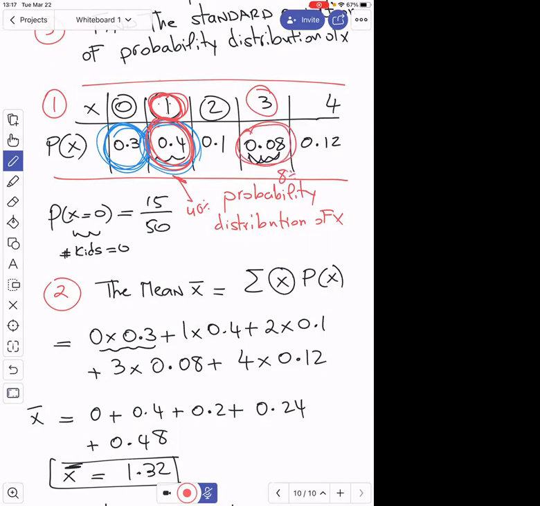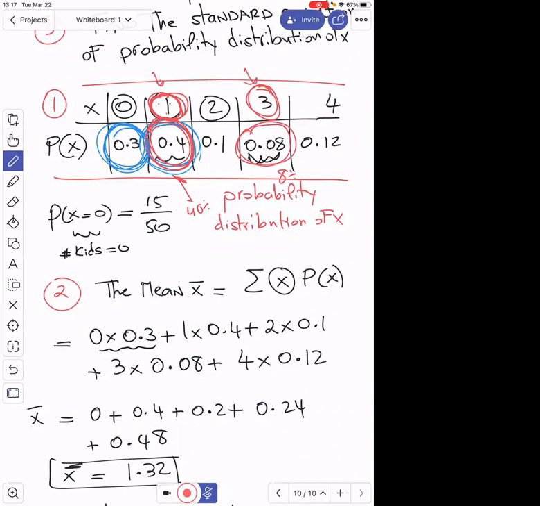So x equal to 1 is more frequent than x equal to 3. When you select a random couple, having 1 kid is more frequent than having 3 kids, right? So each value of x has a different weight; some values are more important than others. Like 1 is more important than 3, it's more frequent.